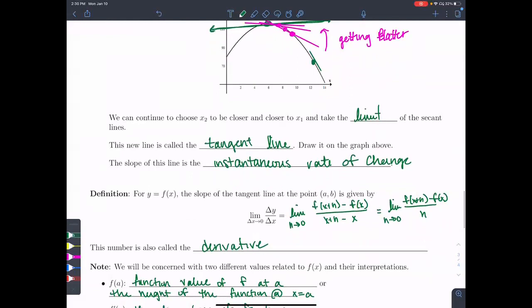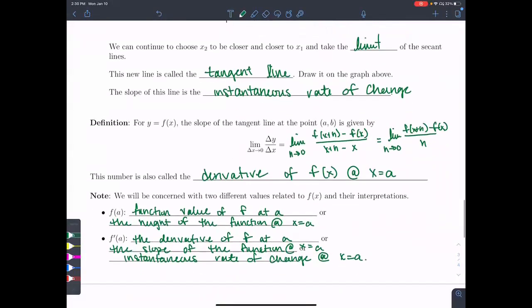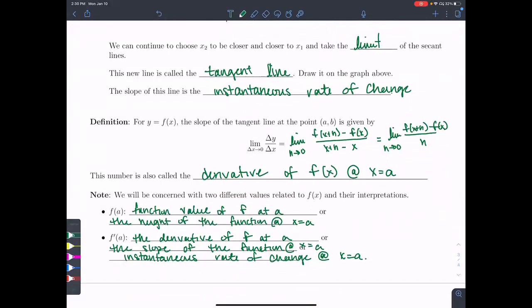This number is called the derivative of f of x at x equals a. It will often be written as f prime of x, that's the derivative.